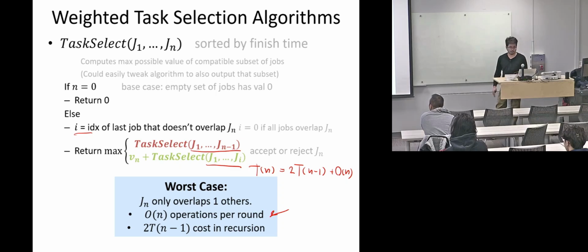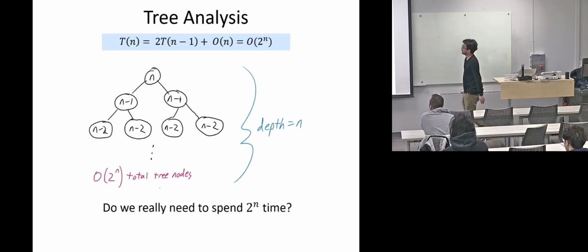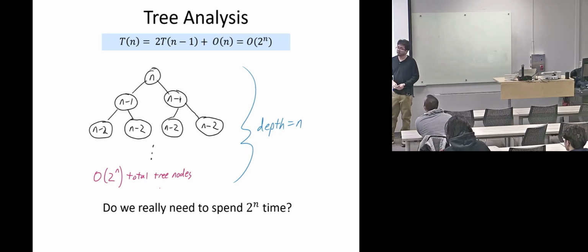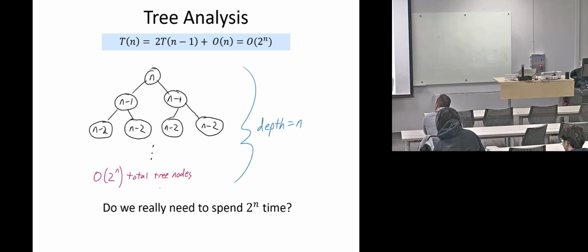And this is not great, right? Because we know that when you have this recurrence, it gives you 2 to the n. Because the depth of the tree is n, and each time you create 2 more subproblems. So the total number of subproblems at the end is 2 to the n, since the depth is n. That's not good. Okay, but we don't really need to spend 2 to the n time.